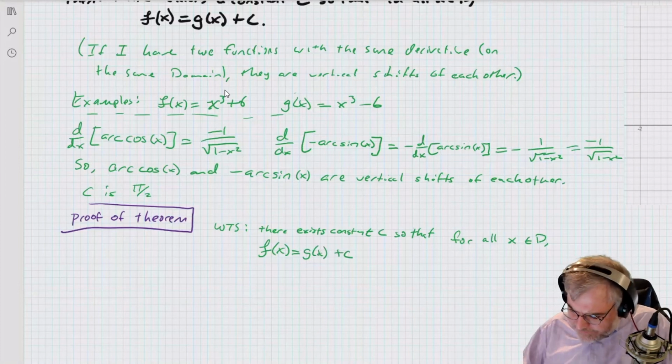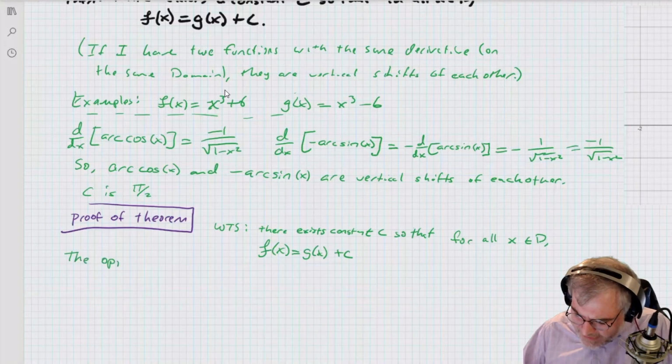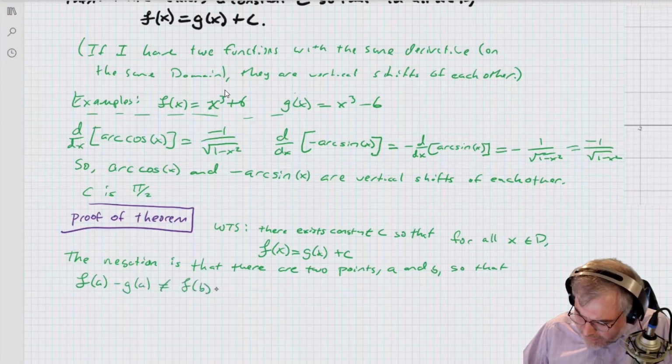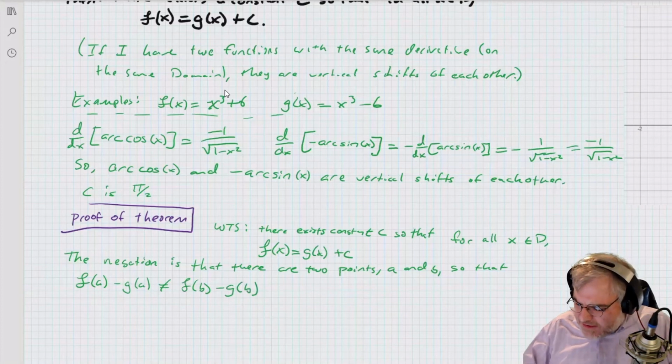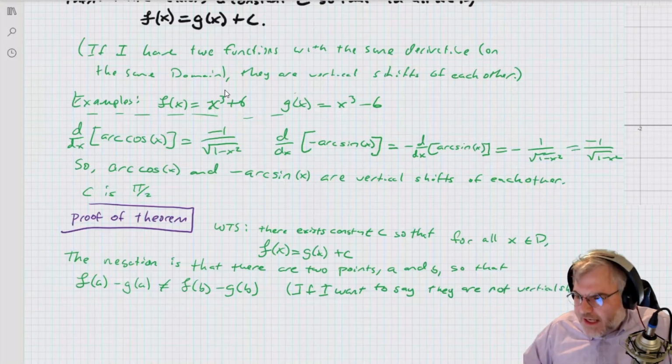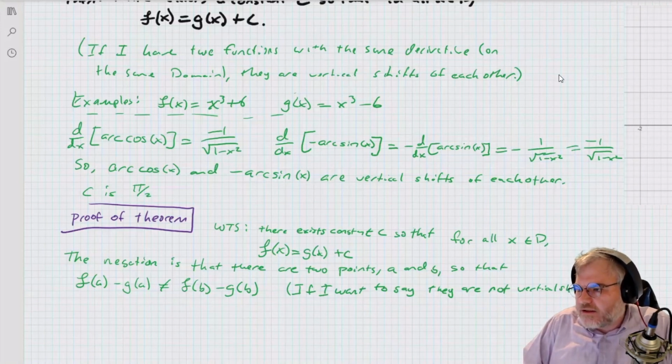Now, the opposite of that, the negation of that conclusion, is that there are two points A and B so that f of A minus g of A does not equal f of B minus g of B. In other words, if I want to say they're not actually vertical shifts, that's what I want to say. 1 to 5, how do we feel about that?